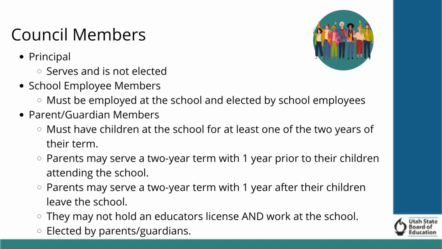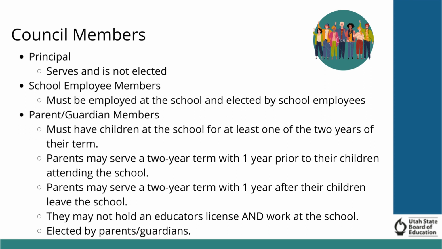The council members are as follows: the school principal, who serves and is not elected, school employee members who must be employed at the school and elected by school employees, and parent or guardian members. These members must have children at the school for at least one of the 2 years of their term.